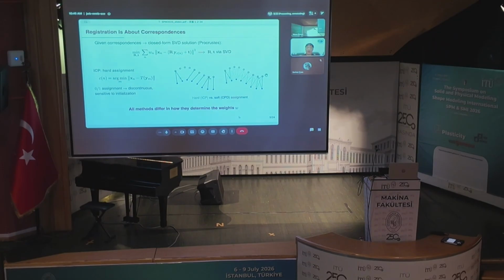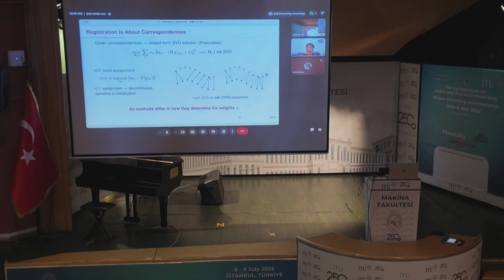Now, I will introduce one important key in registration. Registration is about correspondence. That means which place matches which place. Why? Because if we know the matrix, then R and T are easy. They have a solution by SVD.